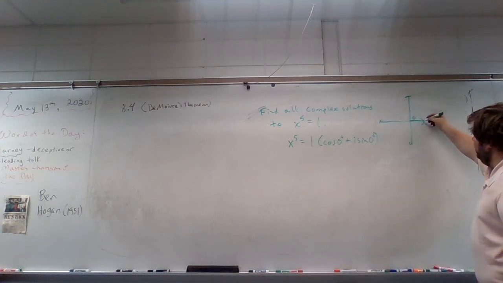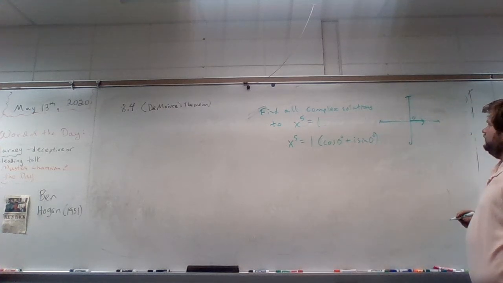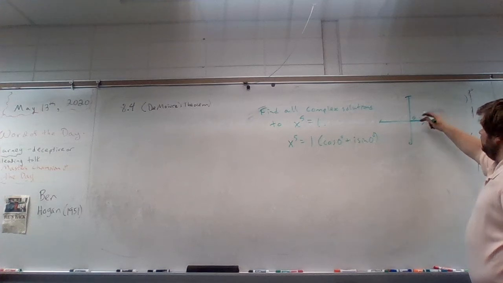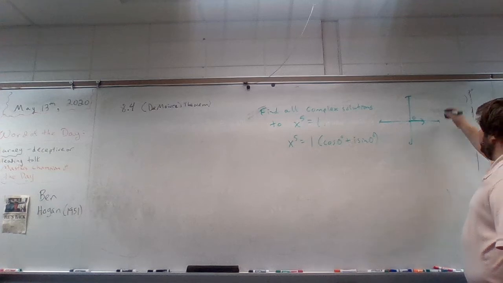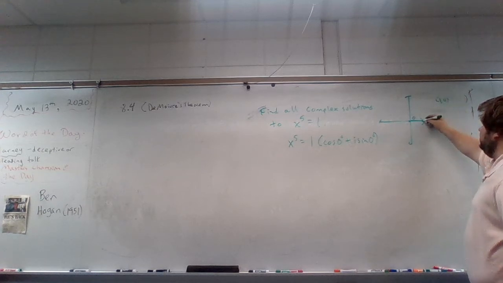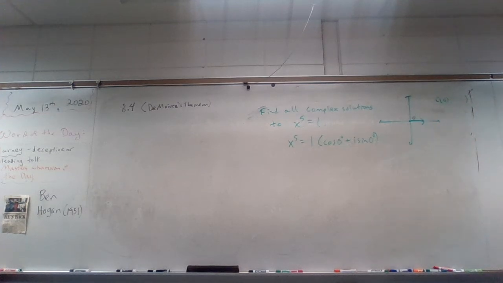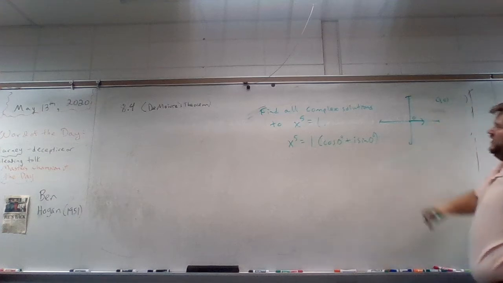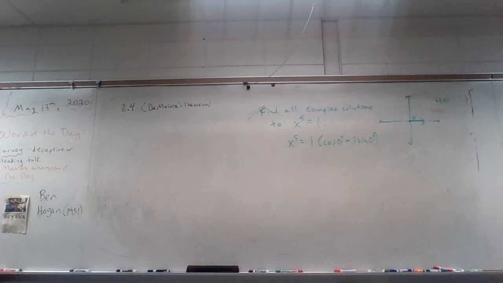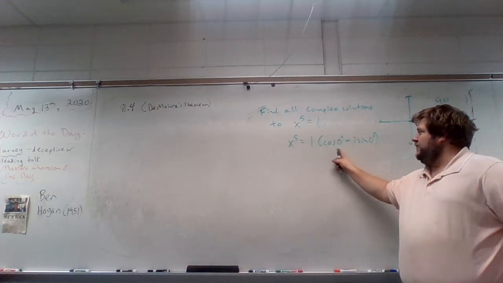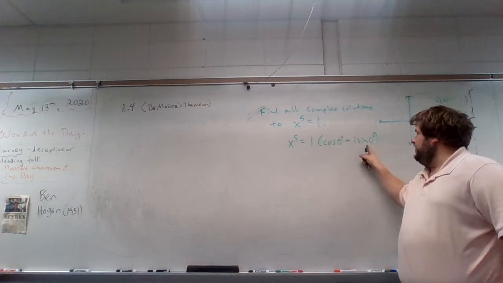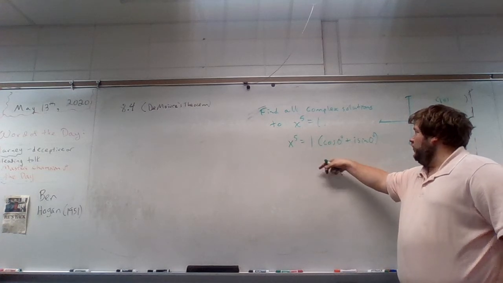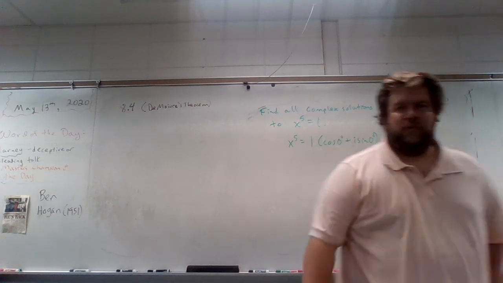We're 1 unit away from the origin, and our angle is 0. That's 1 written in polar form. You can see it's the same thing, because cosine of 0 is 1 and sine of 0 is 0, so this is really just 1 times 1, which is just 1.